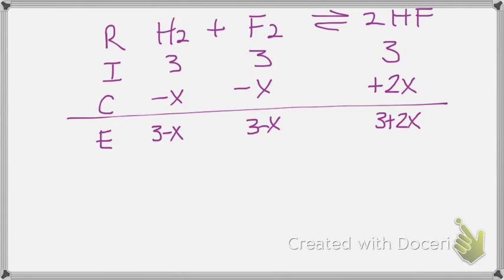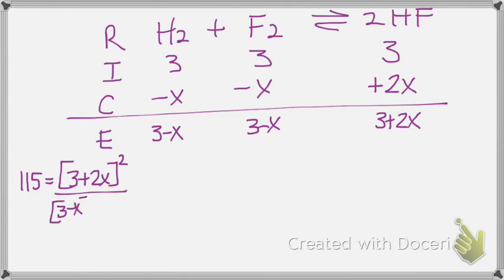So now we can plug it into our equilibrium expression. We have 115 is equal to 3 plus 2x squared, because of the coefficient. And on the bottom, we have 3 minus x times 3 minus x, or we could call that 3 minus x squared, right?